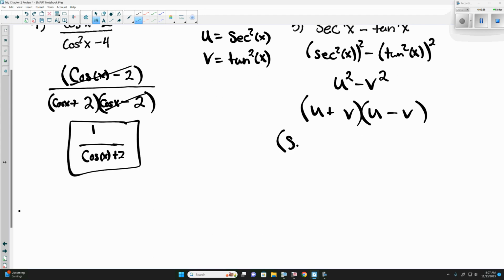Now, we'll go on and replace what we have. So this would be secant squared of x plus tangent squared of x times secant squared of x minus tangent squared of x.